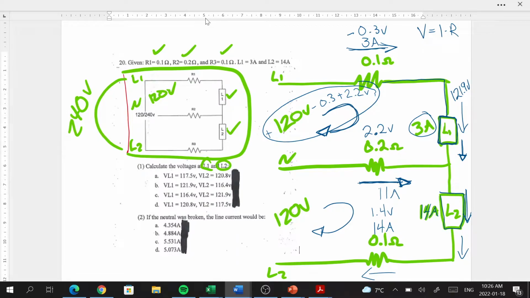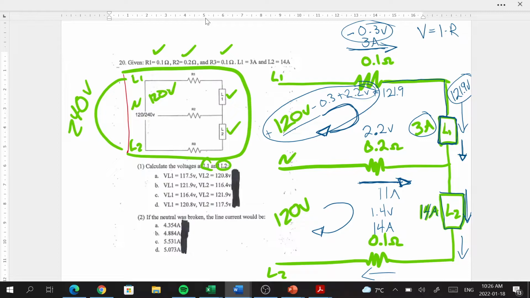So all we do is we're taking our voltage rise, our source, 120 volts, subtracting our first voltage drop. We recognize that the 2.2 volts in the neutral is going to be a rise. And if we calculate that, it's going to come out to 121.9. So that must be the voltage drop that we see at load 1.